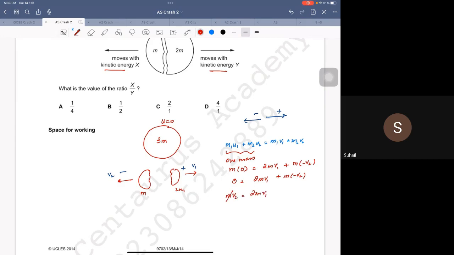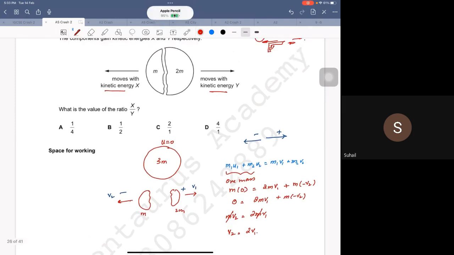Now m and m cancel out, so we know v2 is equal to 2 times v1, and that's the thing that we should remember. So if this velocity was v1, then this velocity has to be just 2 times v1. Everybody agrees? Because this is v2.